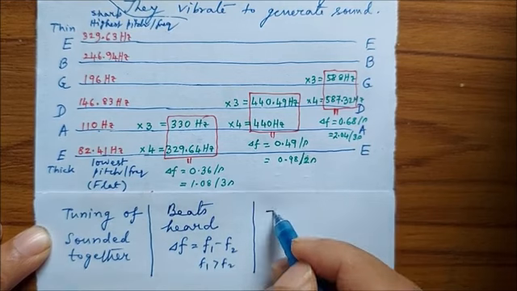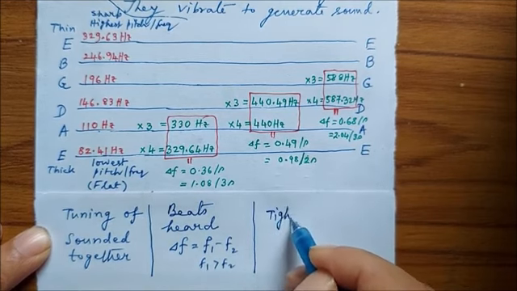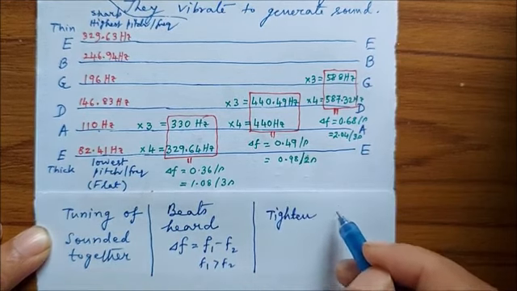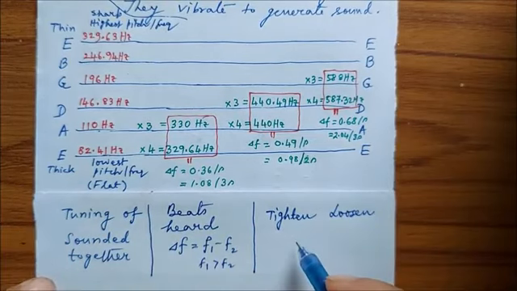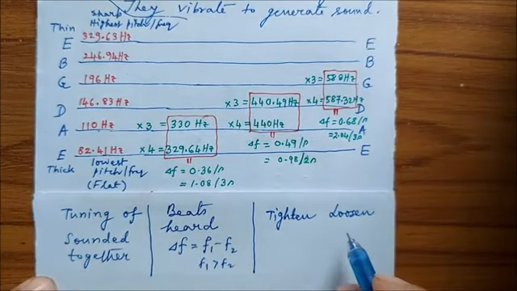And finally, what we do is to tighten the string or to loosen the string, and we'll mention here which string is to be tightened and which one is to be loosened.